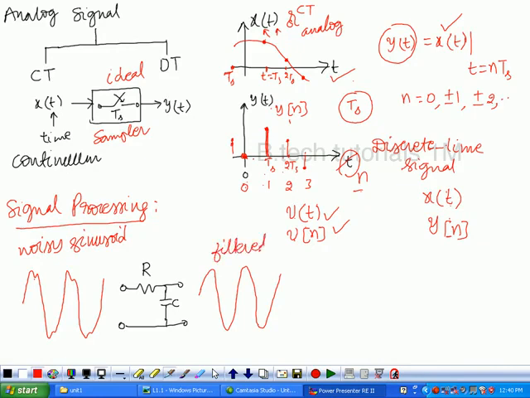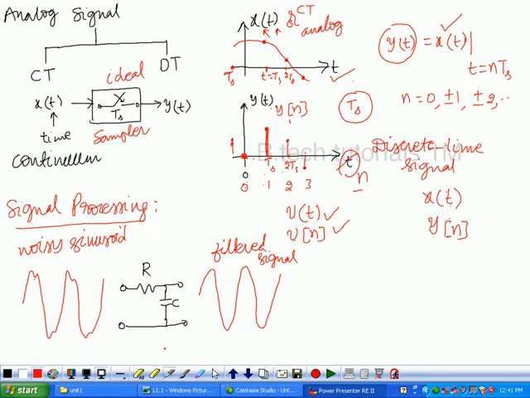What do you mean by sinusoid? The function that varies sinusoidally is called a sinusoid. Both sine and cosine functions are sinusoids. Sine and cosine are called sinusoids because they vary sinusoidally. So it is a noisy sinusoid. This is a filtered out sinusoid.